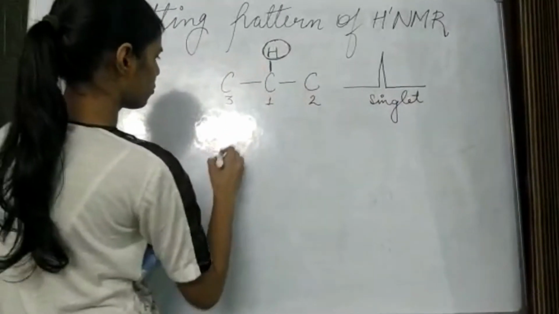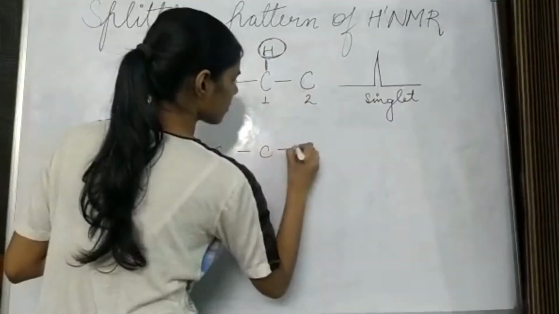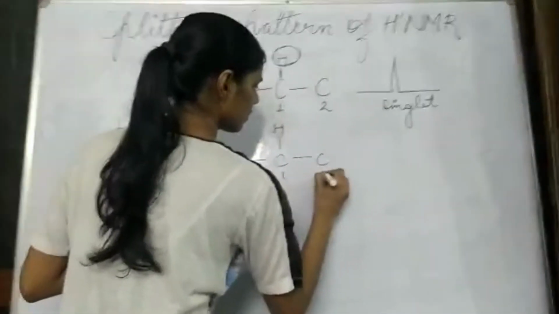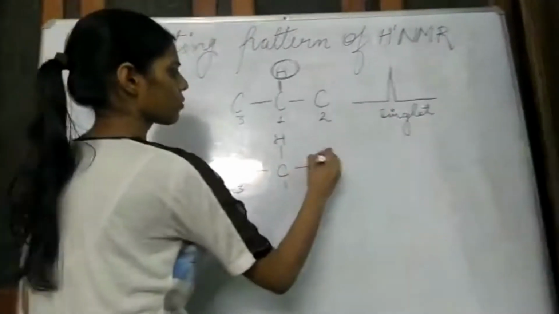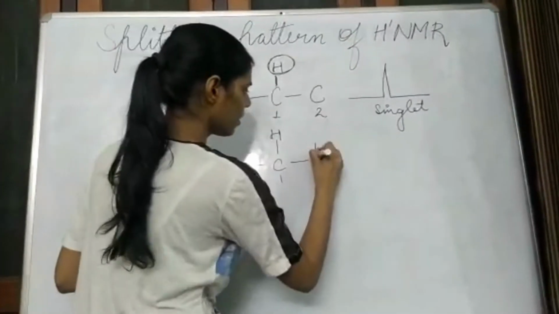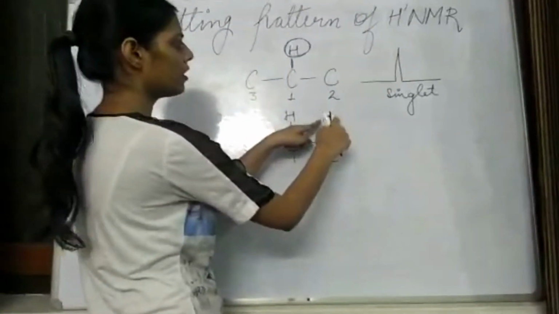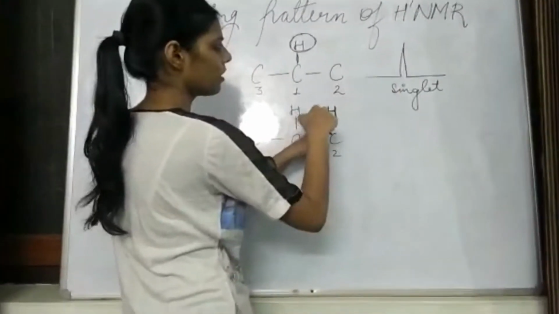Now consider that this hydrogen has one more hydrogen adjacent to it. So this hydrogen will split the peak of this hydrogen into two parts.